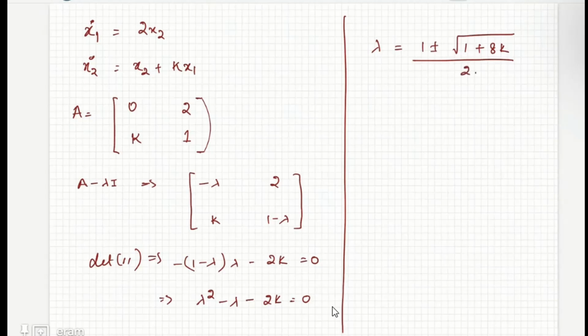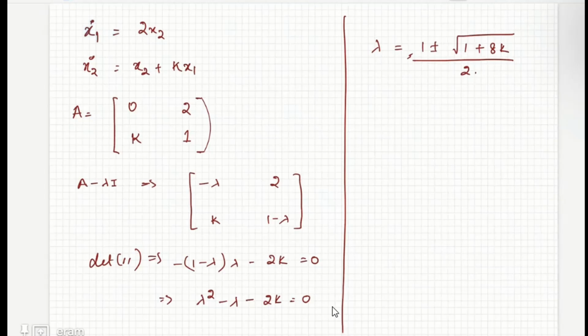Okay. Now for roots to be real and strictly negative, we need that this coefficient should be negative.